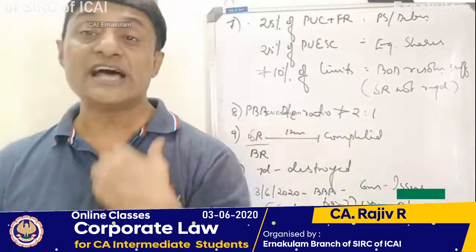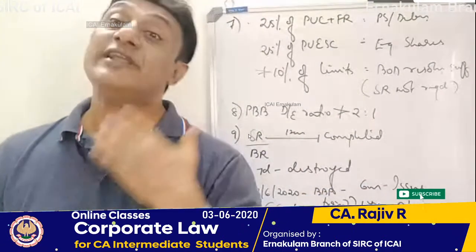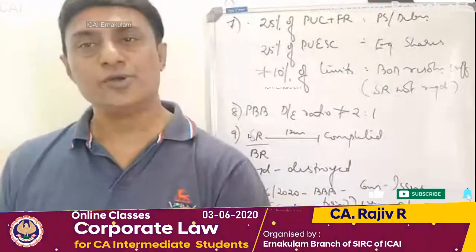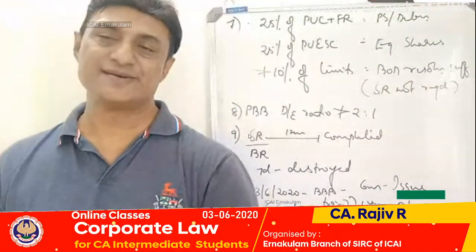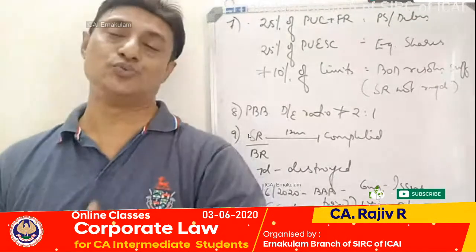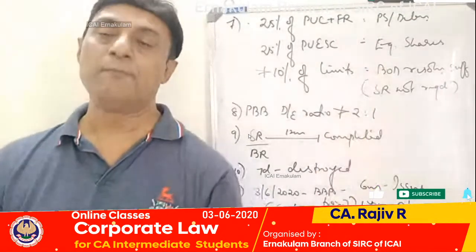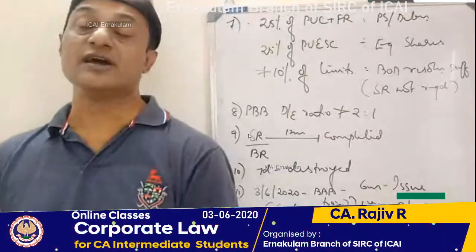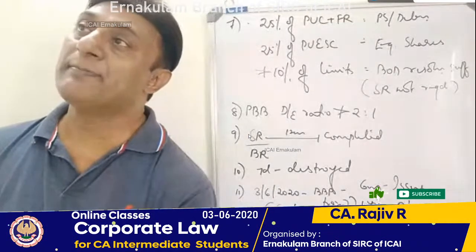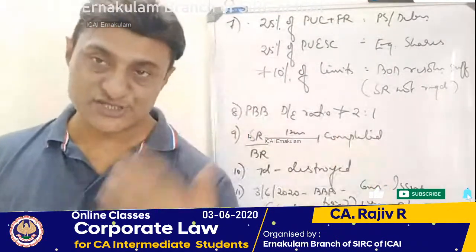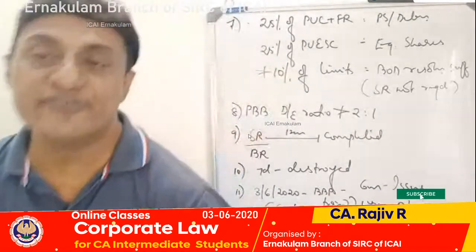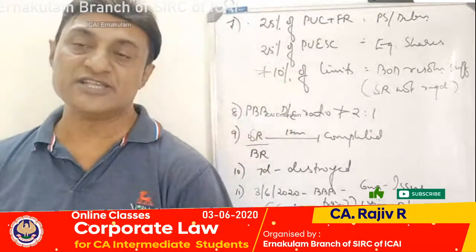So I have to do it as per the provisions of the law. When to do it, what to do, and how to do it completely depends on the finance manager, the accounts manager. If you have the accounts and finance department split into two, finance and accounts, then this is completely a choice, a call to be taken by the finance department, the finance branch.